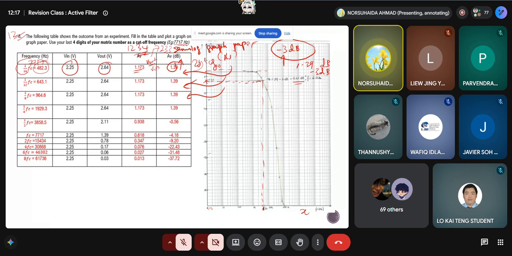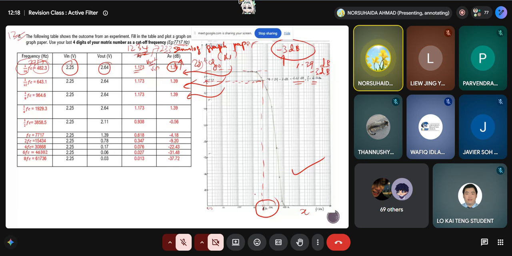From this, we can get the negative 3 dB point after your highest point 1.39, so you get your frequency around 4.1 kilohertz. So this is the completed table. Do the projection for negative 3 dB: use your highest point minus 3 dB, you get another value which is negative 1.61.